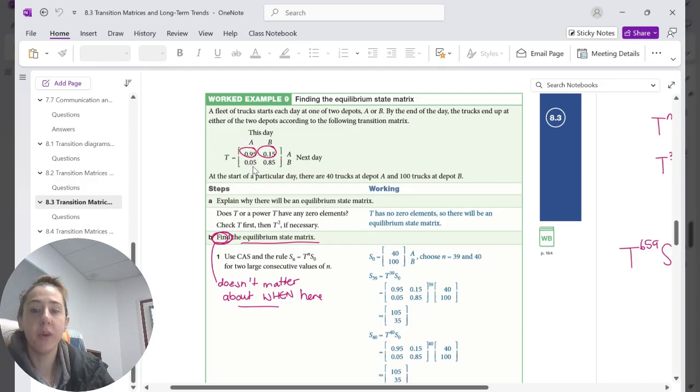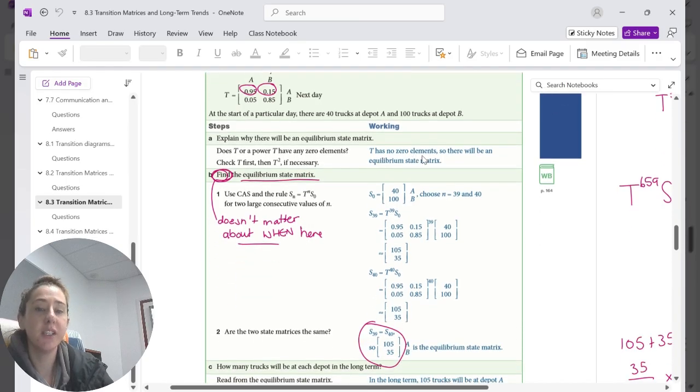But that 0.05 who started at A will actually end up at B. It tells us how many trucks started at each depot, so that is how we're going to create our initial matrix. Okay, T has no zero elements, so there will be an equilibrium state matrix.